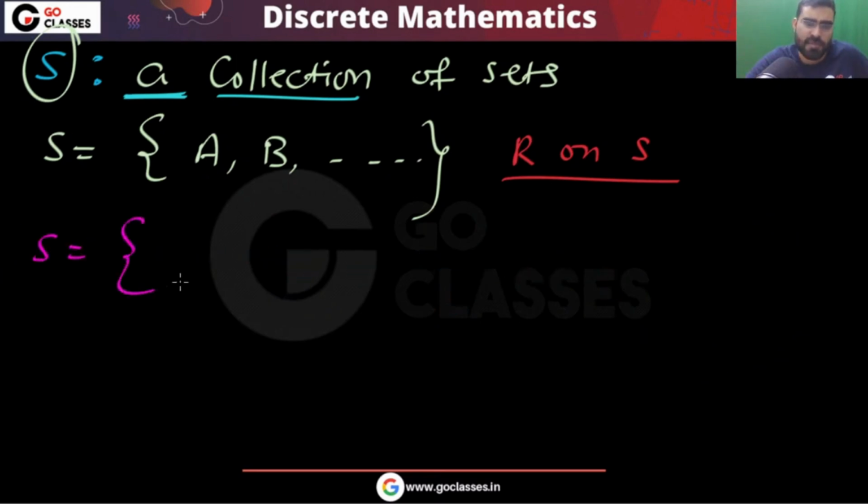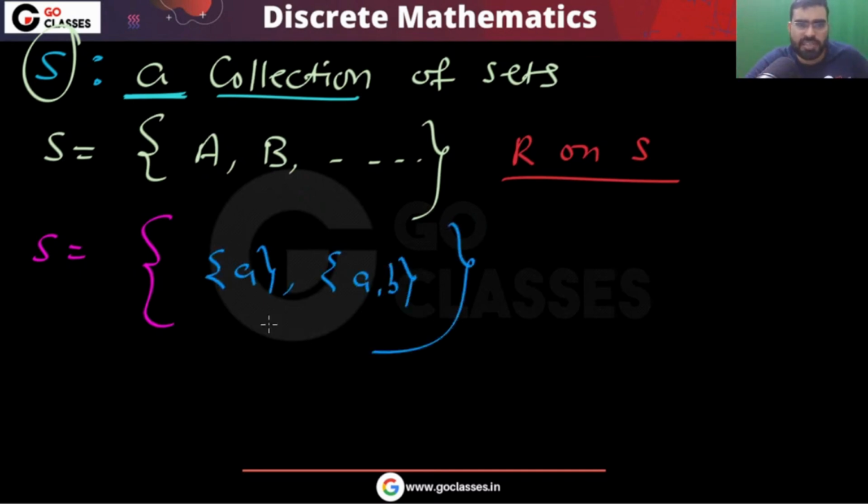For example, consider this set S. Now in this set S, if you define relation R, then that will be transitive, right?